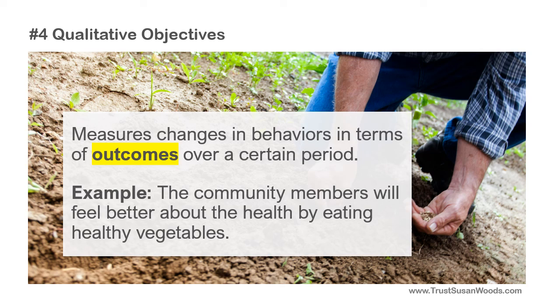For example, the community members will feel better about their health by eating healthy vegetables. So the behavioral change that you are projecting to be able to measure is they are feeling better about their health, probably showing signs of self esteem improvement, confidence. All of those things are outcomes or qualitative objectives that you want to be able to define in your grant proposal.